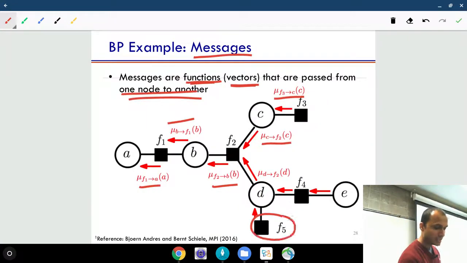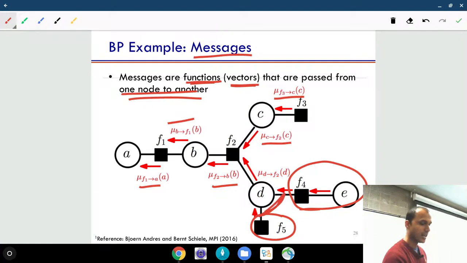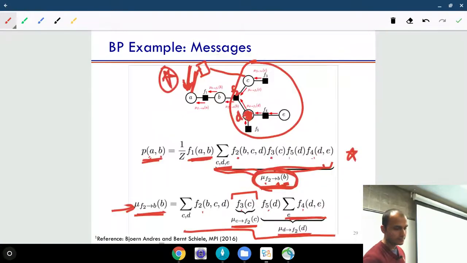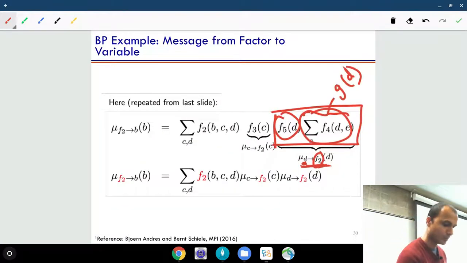All I'm saying is there's a message being passed from F5 and a message being passed from F4. Those two messages, I'm just multiplying them together, and that's the message that is being passed to F2. So we are talking about mu of D to F2.